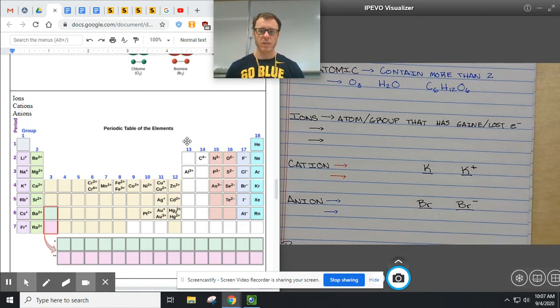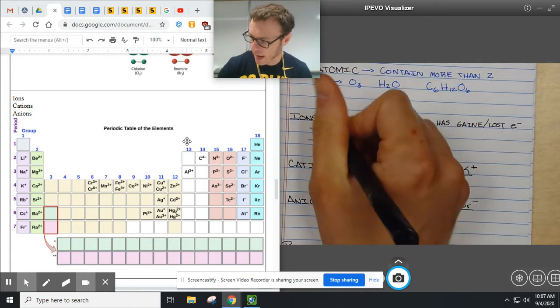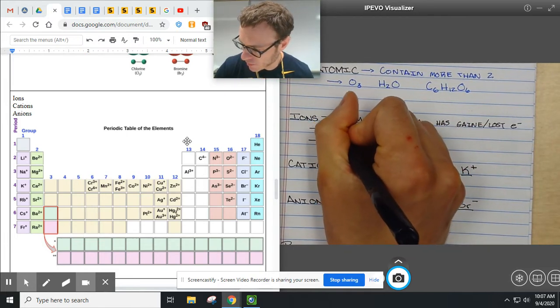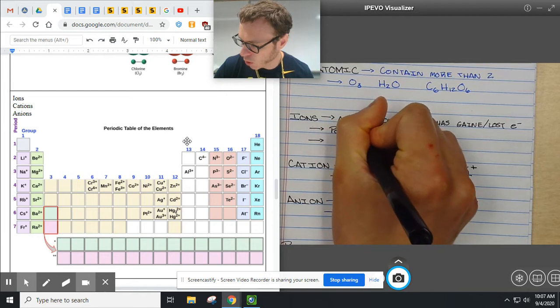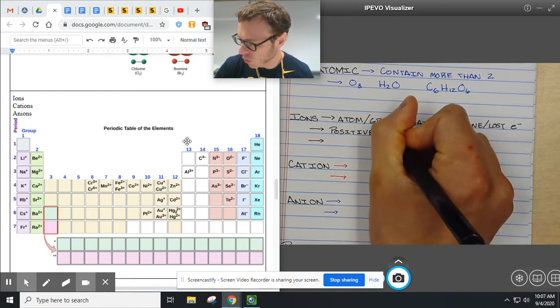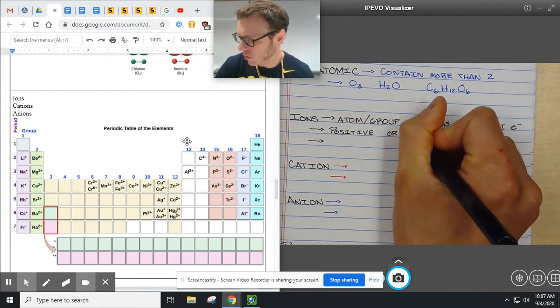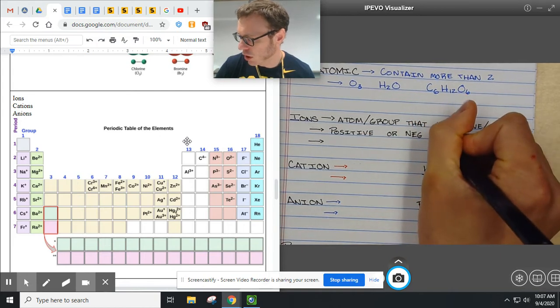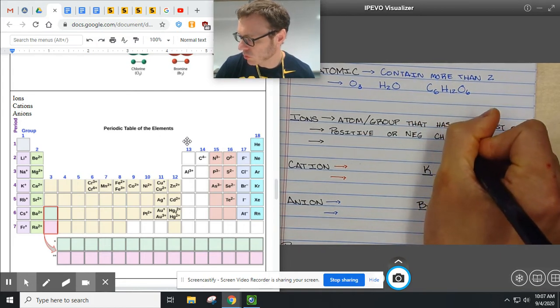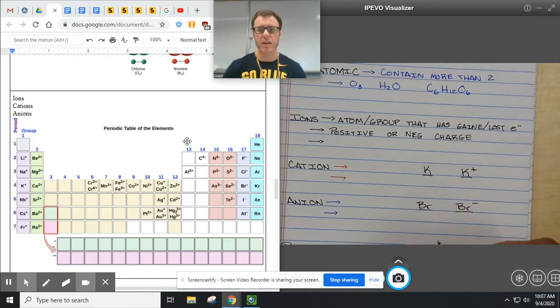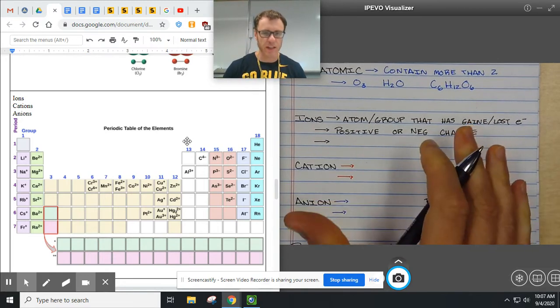So it's an atom or a group of atoms that has gained or lost electrons. And what they're going to have is a positive or negative charge. So we get a positive or negative charge on these because they've gained or lost an electron.